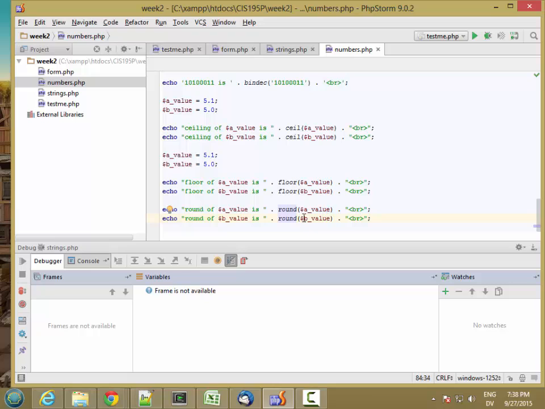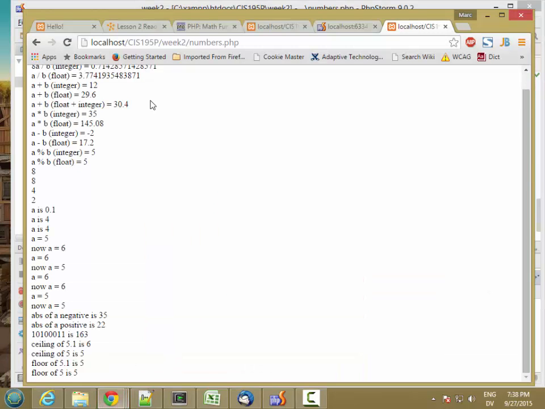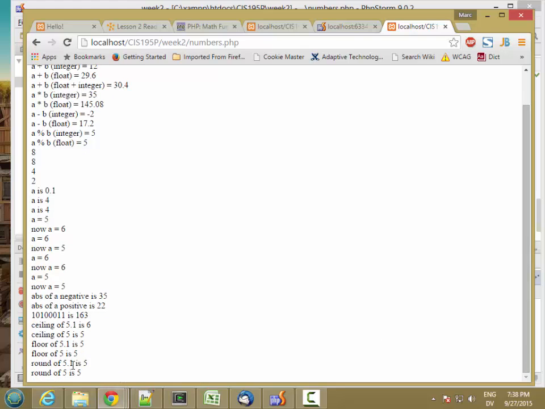And it also takes an argument that describes how to handle if you have like exactly 5.5. Do you round that up? Do you round it down? There are a couple of different options there. But since 5.1 is less than 5.5, we round it down to 5, and of course 5 rounded is 5.